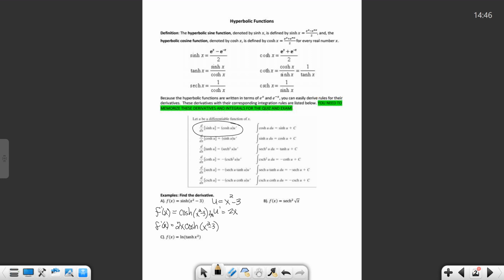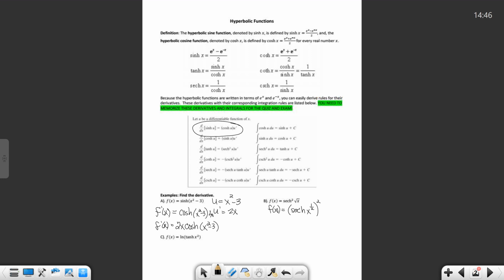So these aren't bad. B is find the derivative of the hyperbolic secant squared of the square root of x. First of all, I'm going to rewrite this like this so we can do a chain rule.